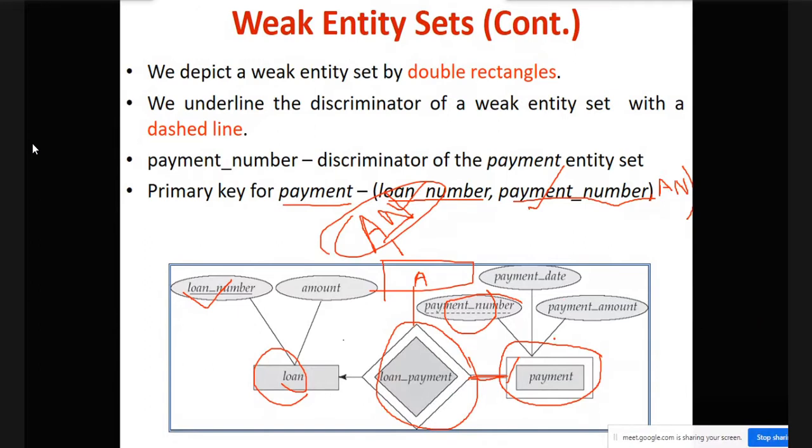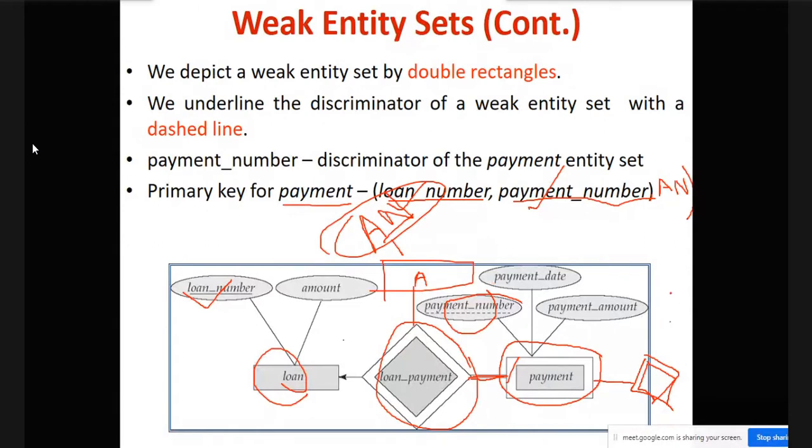Another thing, suppose this is one weak relationship. Instead of using the ternary, I can also show this account like this: payment, and here I have a weak relationship set, that is identifying. I have some name over there, payment done through, and here I have this account.